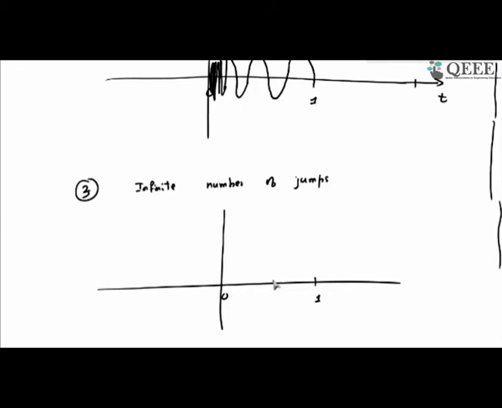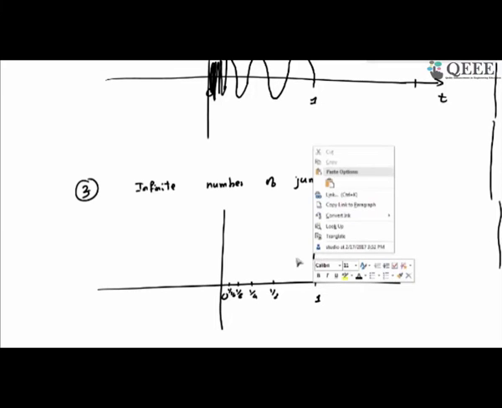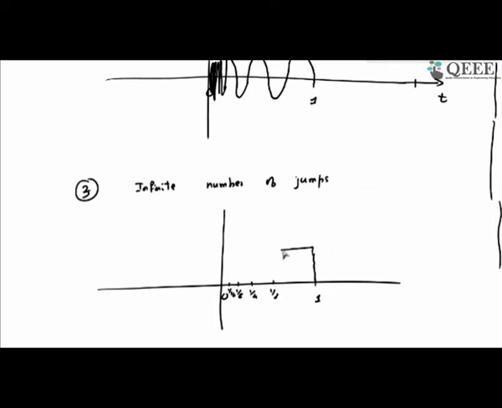So let's say this is 1 by 2, this is 1 by 4, 1 by 8, 1 by 16. It starts at 1, and until 1 by 2 you have height 1 by 2, and at 1 by 2 you jump, basically the jump is 1 by 4.